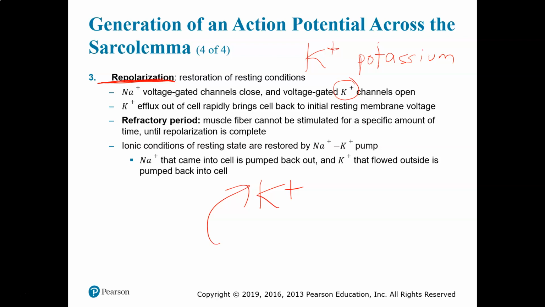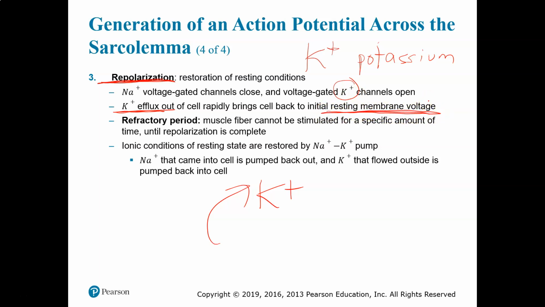So the membrane potential is now going to become more negative, okay? And that's what repolarization means. The efflux of potassium ions is going to bring the cell back to its resting membrane potential or voltage.